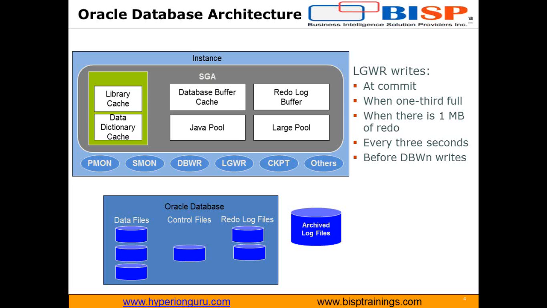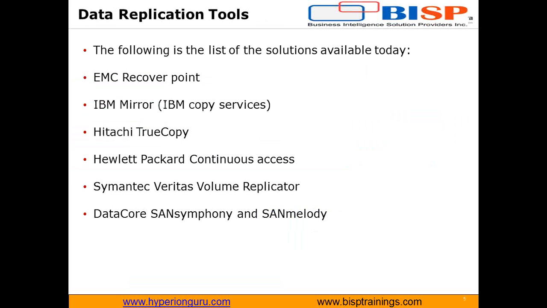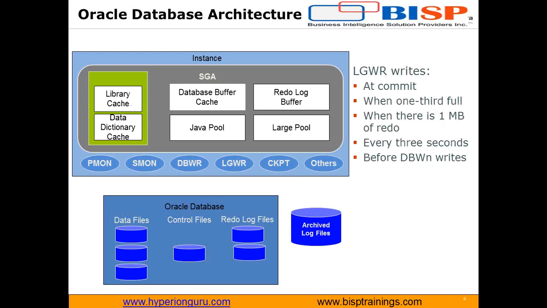In the case of other databases, it would be the transaction log. The transaction logs in an Oracle database are referred to as your redo log files and archive log files. So whatever changes are happening in the database get stored into your redo log files or archive log files.